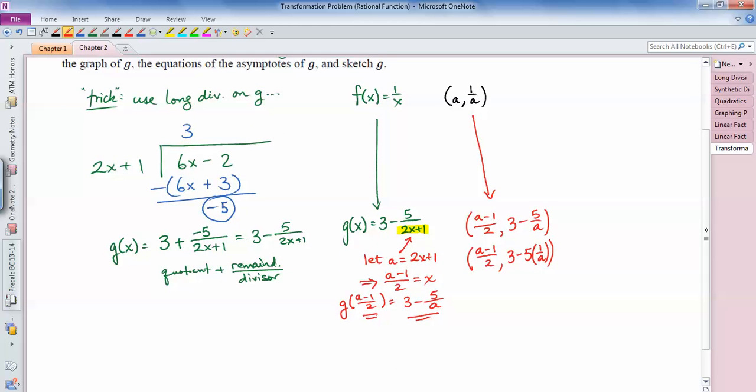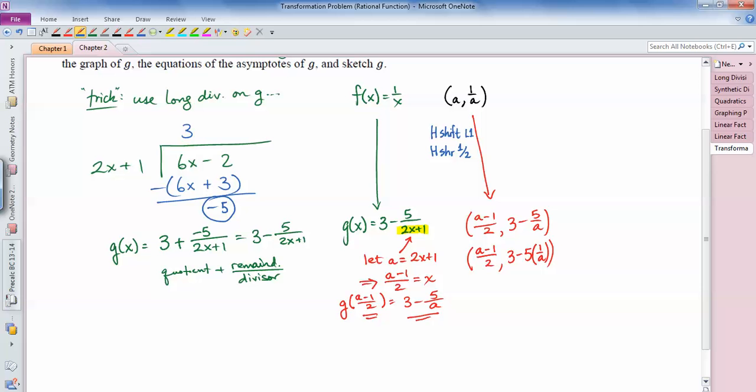So now it's just like one of our old problems that we did last chapter. In order to turn a into a minus 1 over 2, we're going to do a horizontal shift left 1 unit. Then we're going to do a horizontal shrink by 1/2.